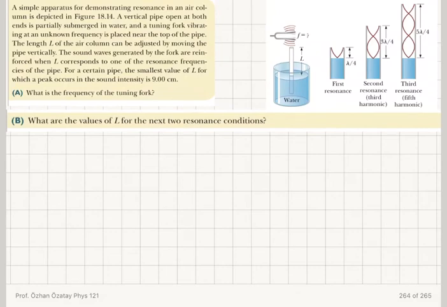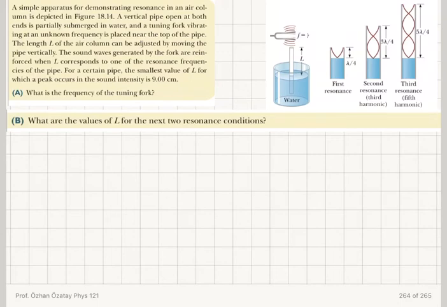A simple apparatus for demonstrating resonance in an air column is depicted in the figure. A vertical pipe open at both ends is partially submerged in water, and a tuning fork vibrating at an unknown frequency is placed near the top of the pipe. The length of the air column can be adjusted by moving the pipe vertically.